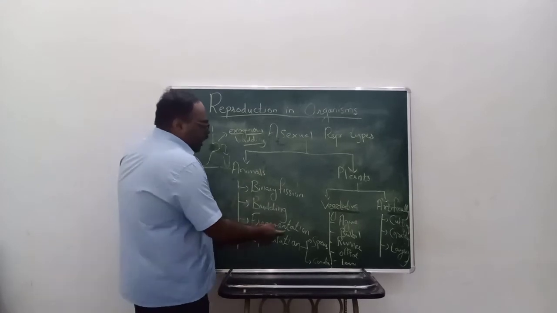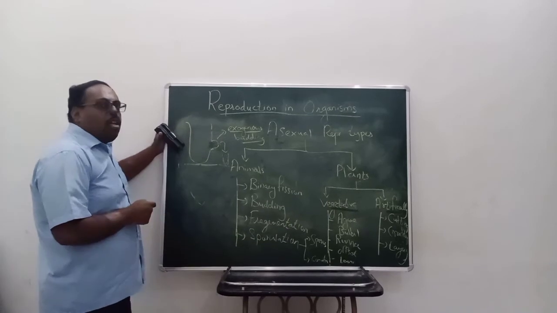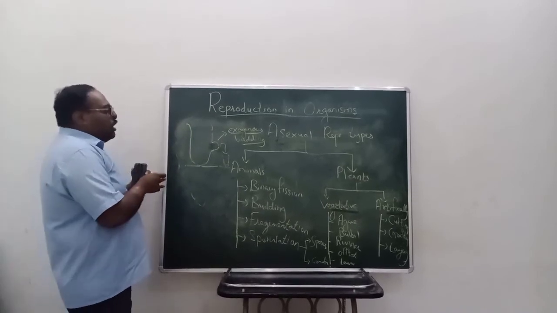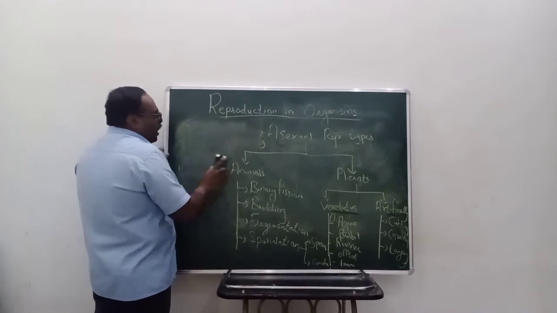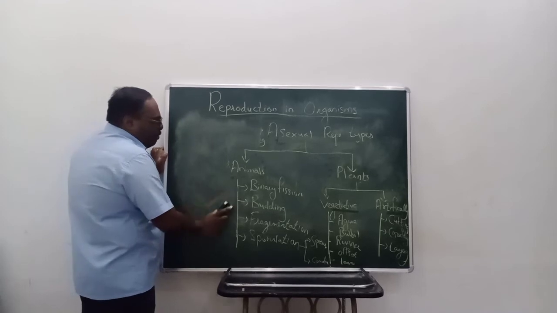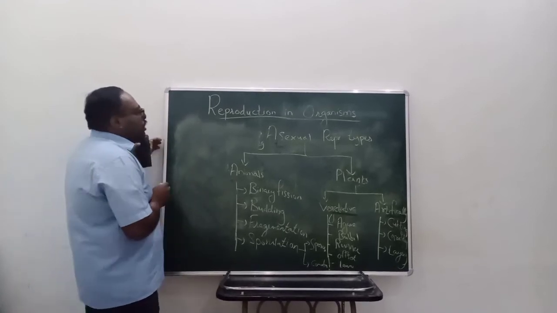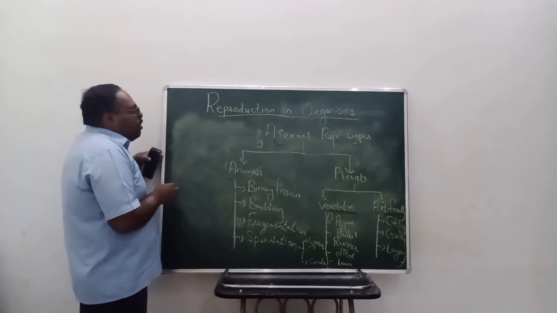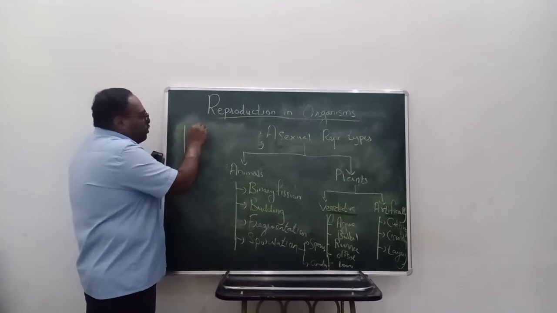Next one is fragmentation. The term is very simple. This is also there in the lower forms of organisms. Example, planaria. Some of the worms, like those in phylum Platyhelminthes, come under this. It's very simple.